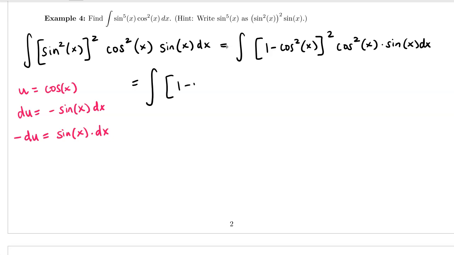I get 1 minus u squared quantity squared times u squared, and then sine of x dx is getting replaced with negative du.